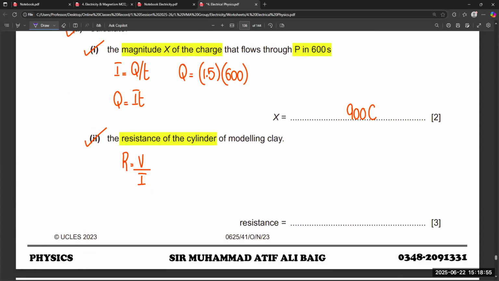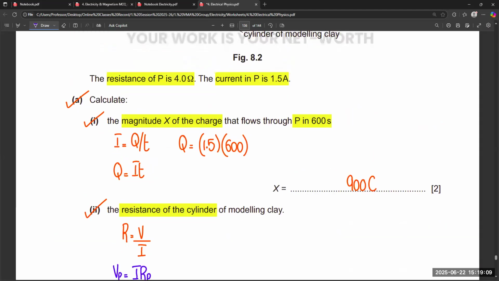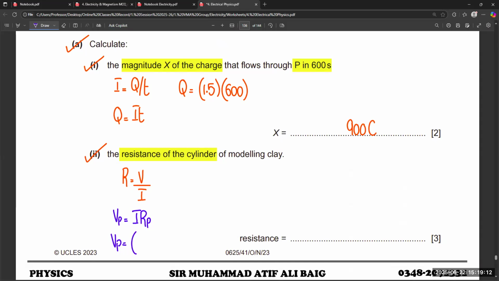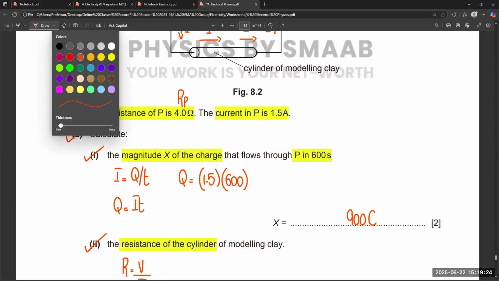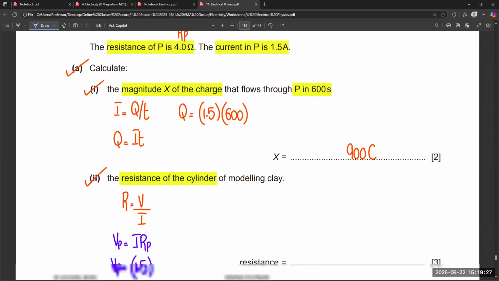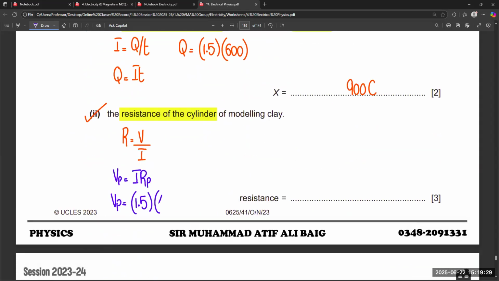So the voltage of P will equal electric current times resistance of P. Current is the same in the circuit, that is 1.5, and the resistance of P is 4 ohms. 4 into 1.5 equals 6.